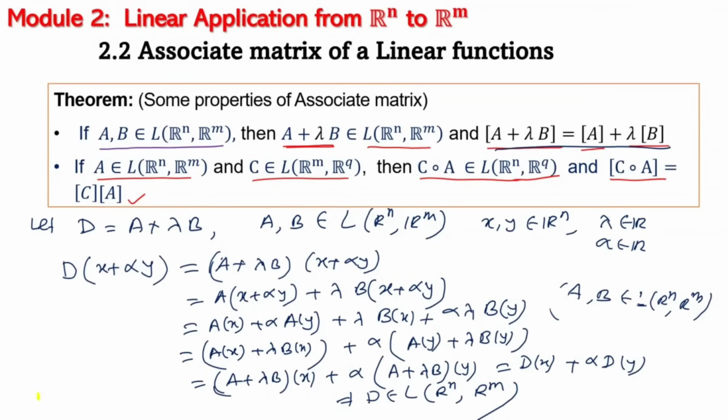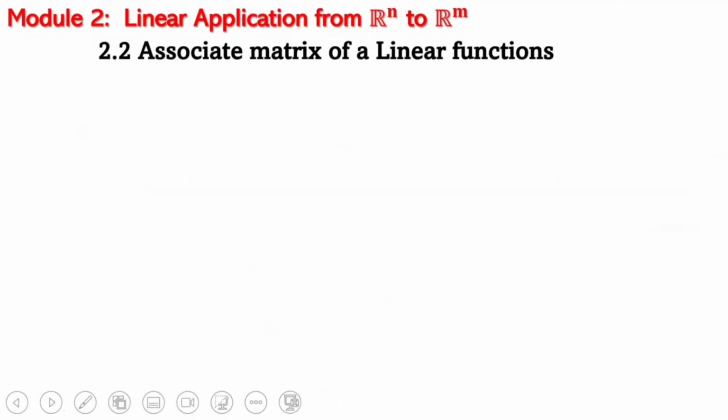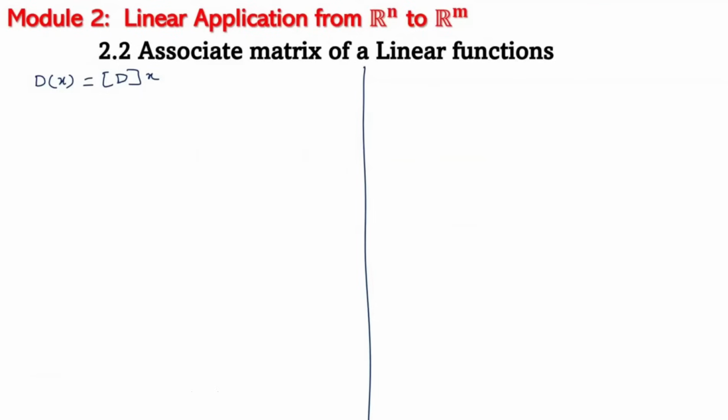And now we'll write the matrix form. Matrix form is obviously true, but we can also write it this way. Using the matrix form definition, we have D of X equals the matrix of D operating on X, which is Ax plus lambda Bx.